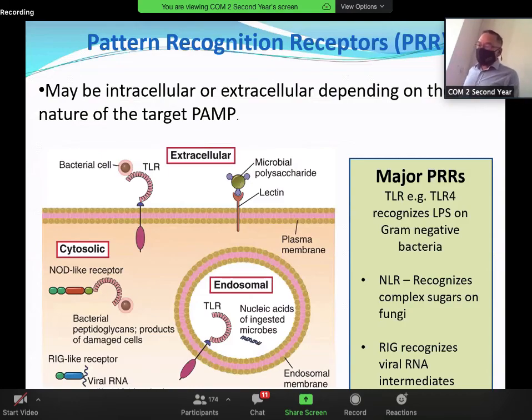And these receptors can either be on the surface of our cells or inside the cell, within the cytoplasm, or within vacuoles. Or they can be secreted and float around like specific ligands to capture any of these PAMPs, these floating sugars or whatever.